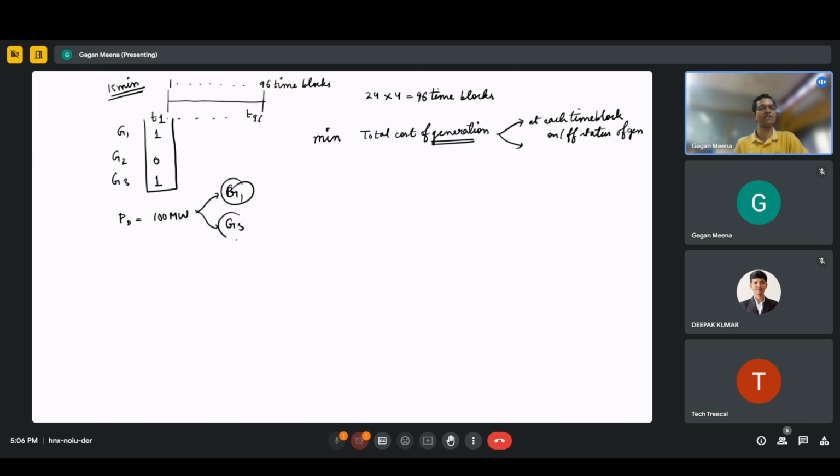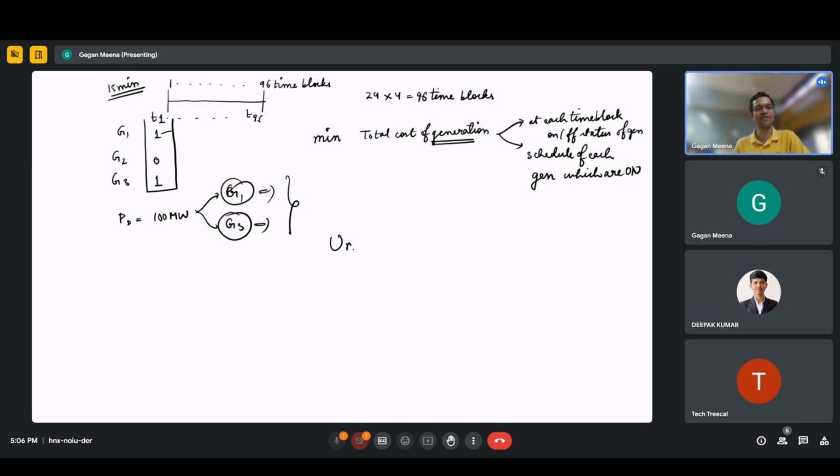How much they should generate, that we have to decide. So the schedule of each generator which is on: it will give which generator should be on, for how much duration, and when it is on, how much it should generate.